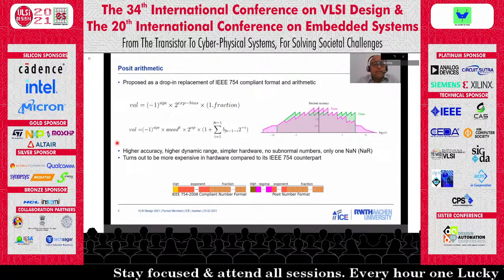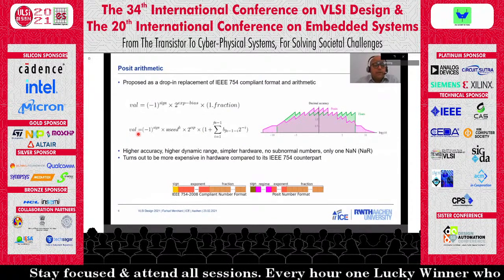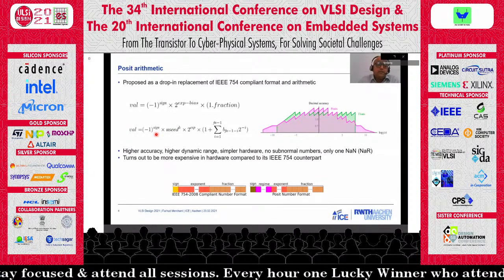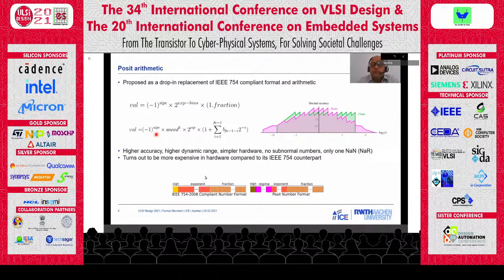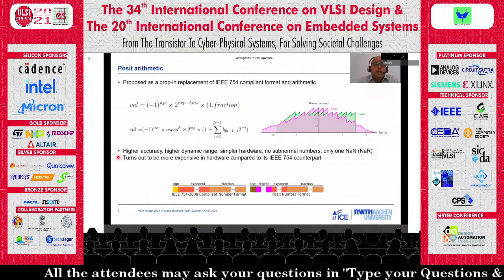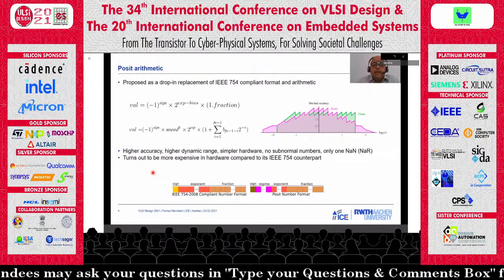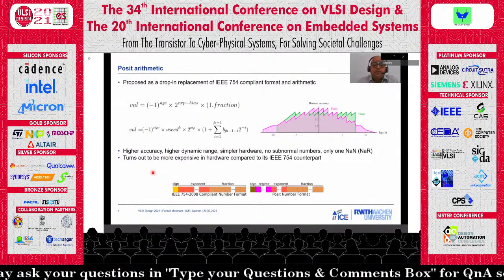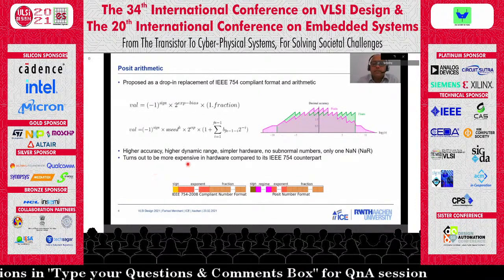According to the claims in POSIT arithmetic by Professor John Gustafson, if you take a 32-bit POSIT number and a 32-bit IEEE 754 compliant number, the POSIT number has higher accuracy, higher dynamic range, and simpler hardware if you perform any conversion or arithmetic operation.